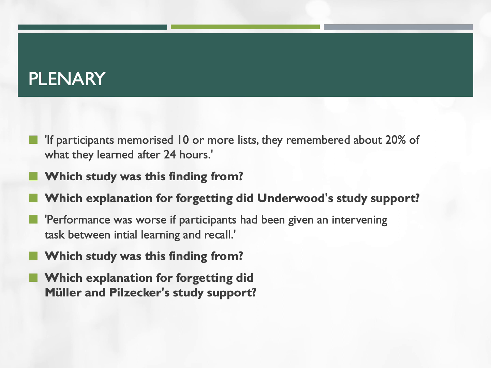And which explanation for forgetting did Muller and Pilzecker study support? For this, you should have written retroactive interference, because their recently learnt knowledge of describing the three landscapes interfered with the learning for the nonsense syllables.